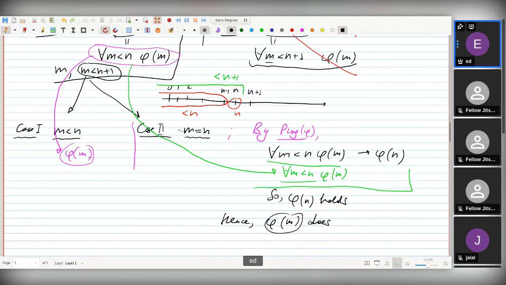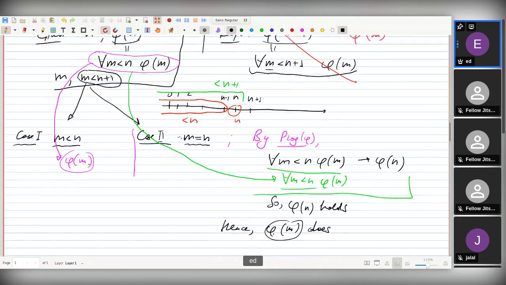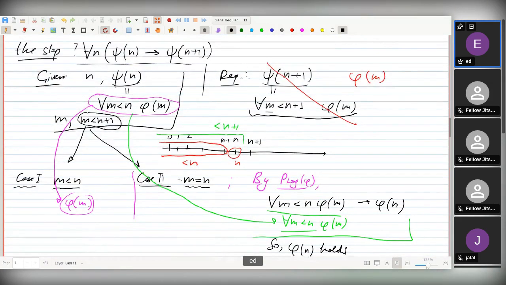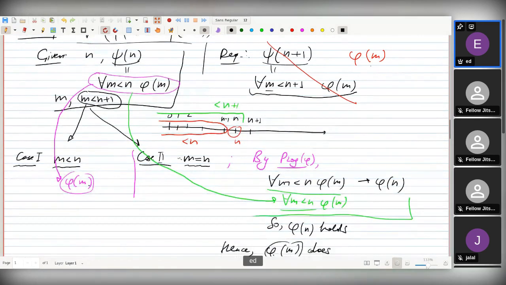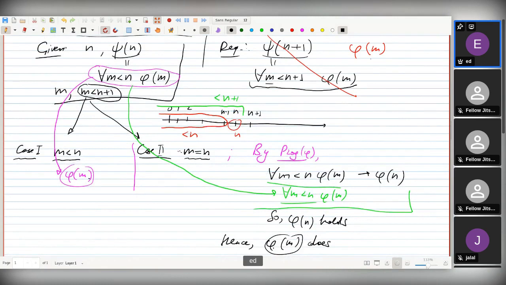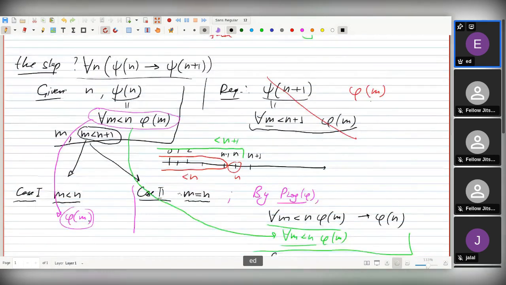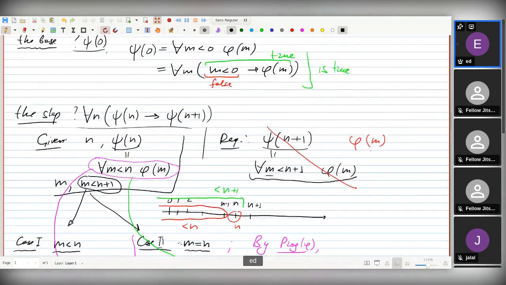We have obtained phi of m in this case as well. Is it clear? So this step is done.